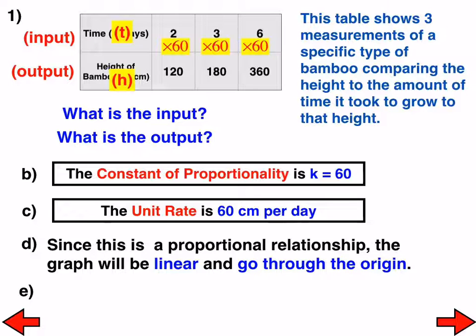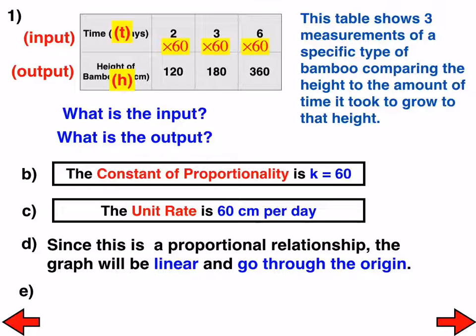Next, part E. If I use h for height and t for time, now this is where you really need to be paying attention, because one of the instructions in the homework, let me grab the homework, it says, if proportional, what is the equation that represents the situation? Use variables that make sense in the problem. Since the output is referring to height, it should make sense that we could use h, right?